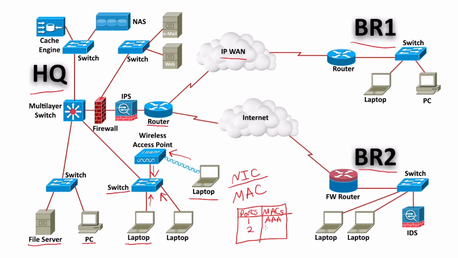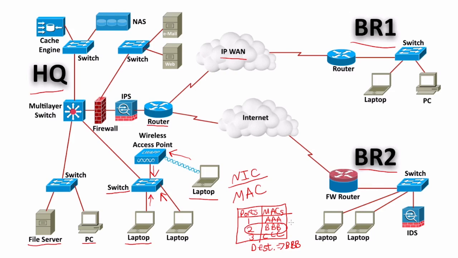I'll say all A's, all B's, all C's. And let's say that a frame comes in, and the destination MAC address is all B's. Well, the switch is going to see that, and it's going to say, all right, I need to send that out of port 2 because I know a destination address of all B's lives off of port 2.